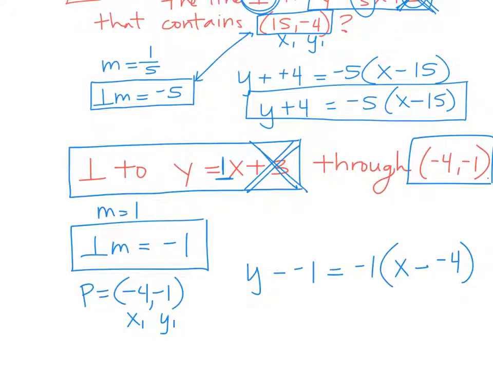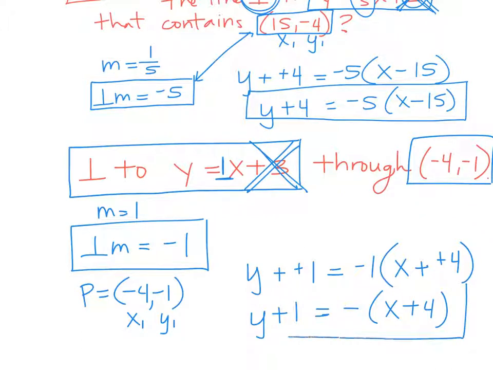Okay, so if I truly want to simplify this, there's a couple things you can do. First, you can make your minus and negatives plus the positives, right? And then technically, you don't even have to have the 1 in there for the slope. You may. I don't mark you wrong if you leave it in there. But if you want to just make it a negative out in front, that's fine too. That's how the book would give it to you. It would say y plus 1 equals a negative x plus 4.